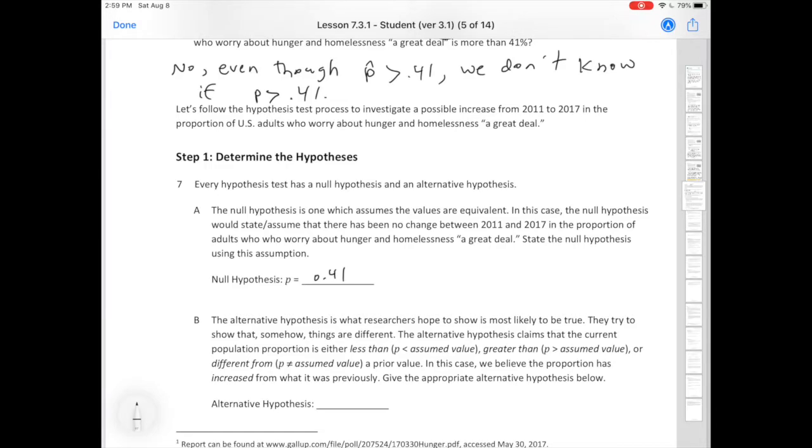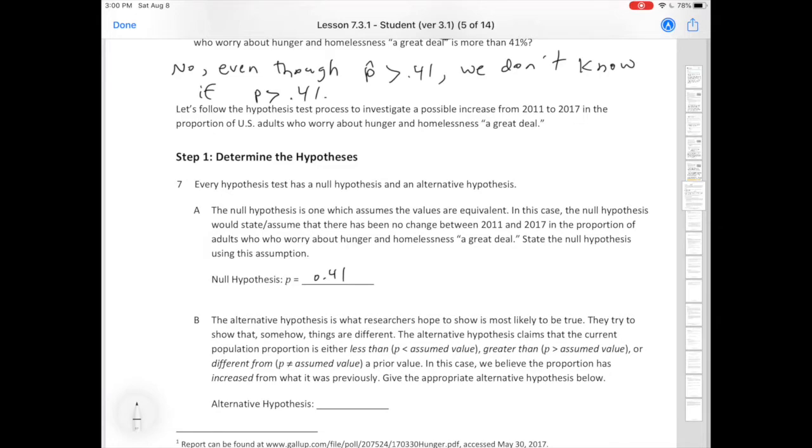Now, the alternative hypothesis is what the researchers hope to show is most likely to be true. They try to show that somehow things are different, right? We're trying to show that things have changed. The alternative hypothesis claims that the current population proportion is either less than a value, greater than a value, or different from the value. In this case, we believe that the proportion has increased from what it was previously.